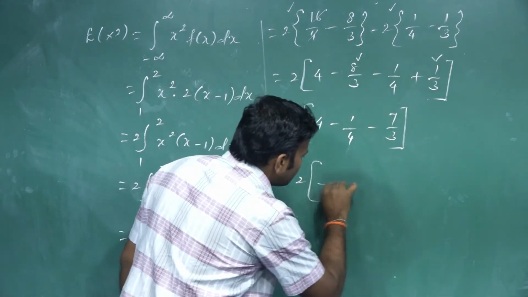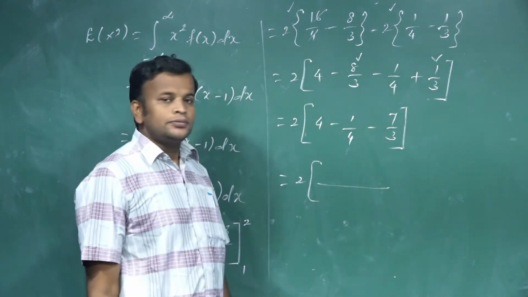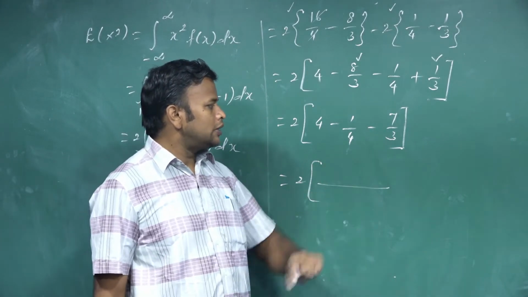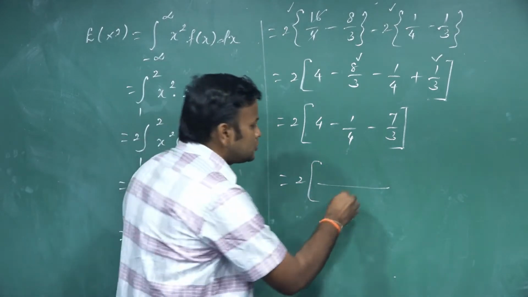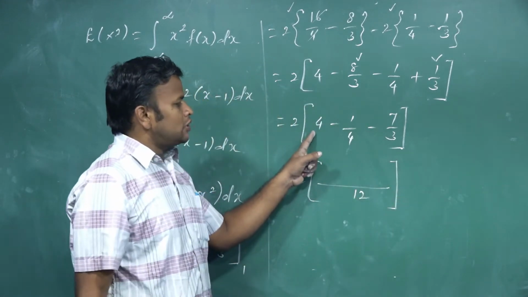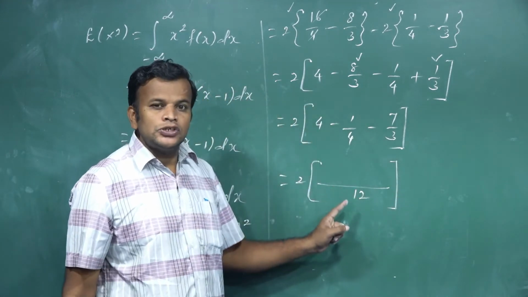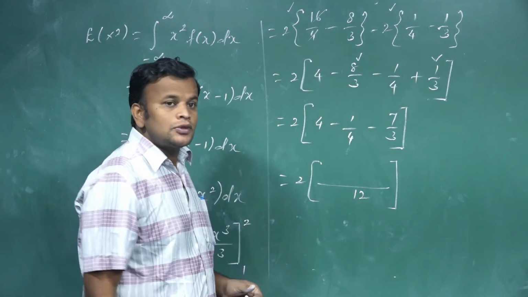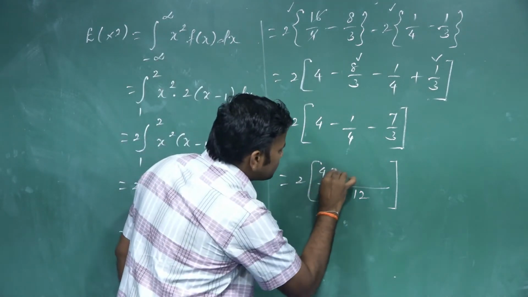So 2 of, what is the LCM of the denominators? One is 4 and another one is 3. The LCM of the denominators is 12, since 4 threes are 12. For the first term there is no denominator, but our LCM is 12, so you multiply 12 to the numerator: 4 twelves are 48.